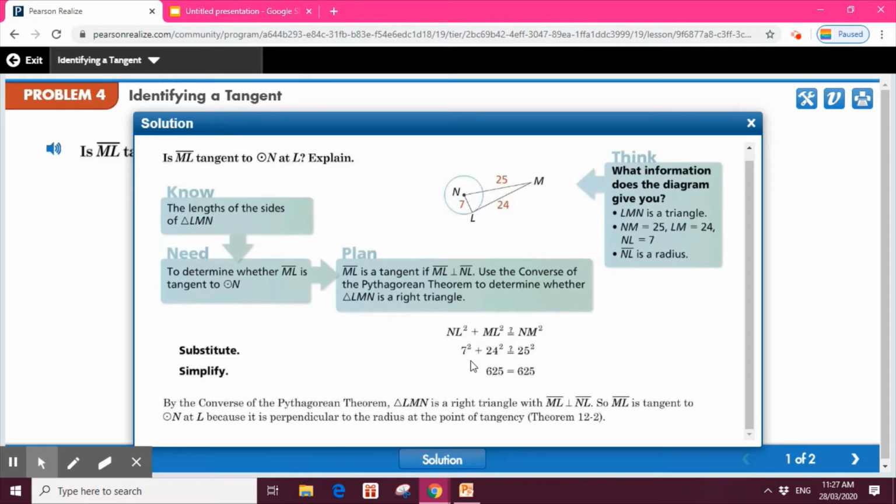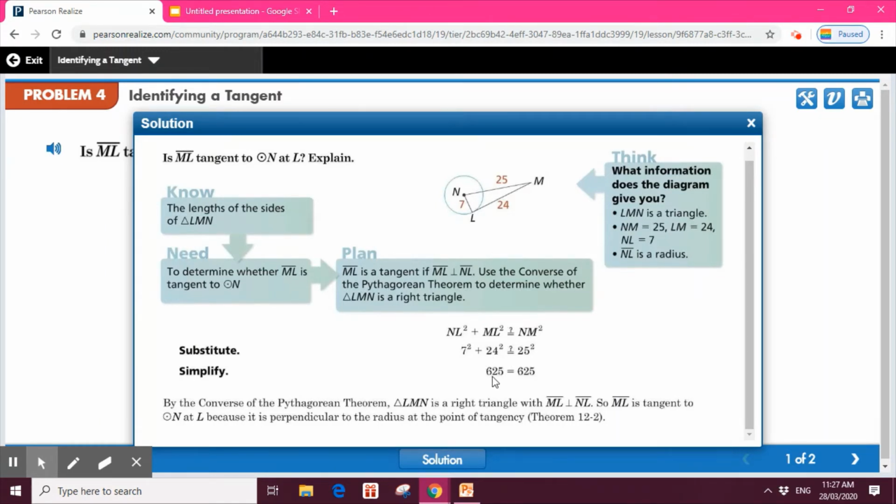Simplify. What is line segment NL? Line segment NL is 7. So we have 7 squared. What is line segment ML? And that is 24. So we have 7 squared plus 24 squared. Is that equal to line segment NM, which is 25 squared? Okay, then simplify. What is 7 squared plus 24 squared?